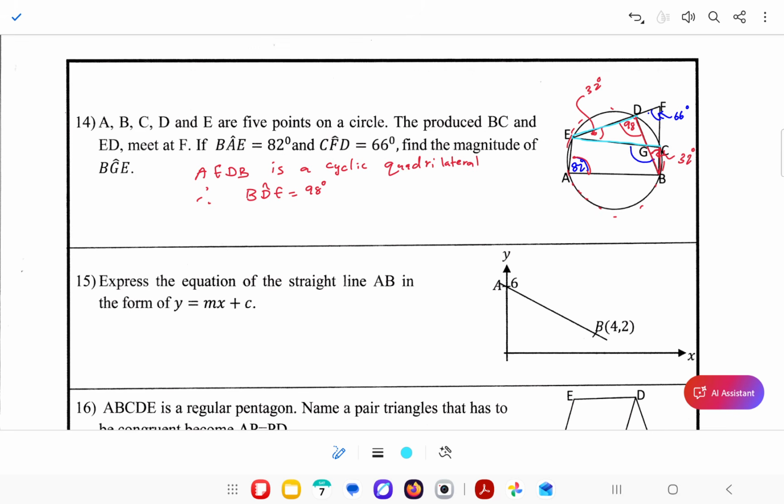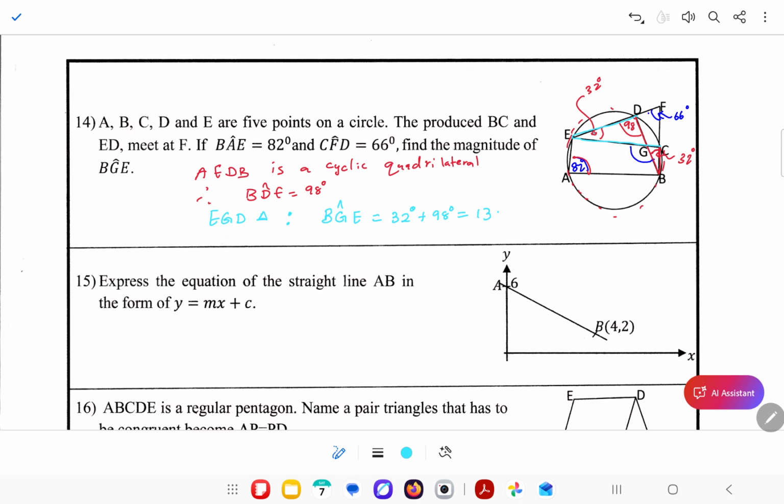Once you have that, again you look at EGD triangle. Then the external angle G has to be equal to what? The two internal angles. So BGE, which is what we want to find, is equal to what? 32 plus 98.